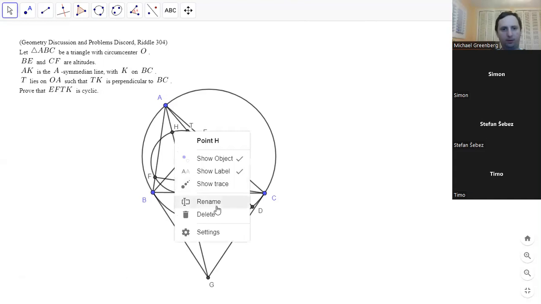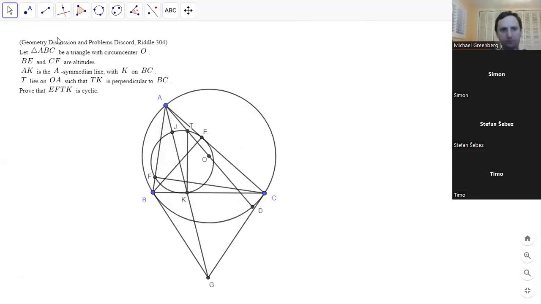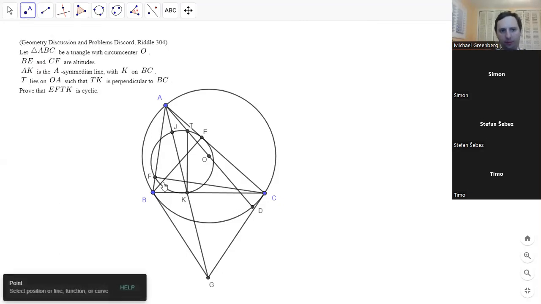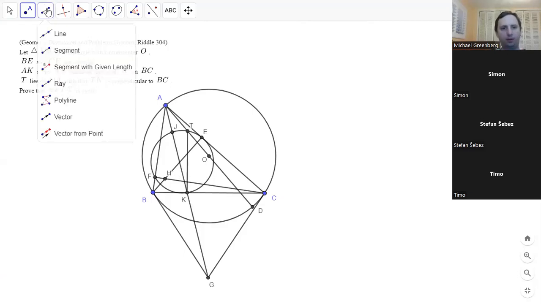Let's call it something else. We know this is the orthocenter. So is JK a diameter of the circle?